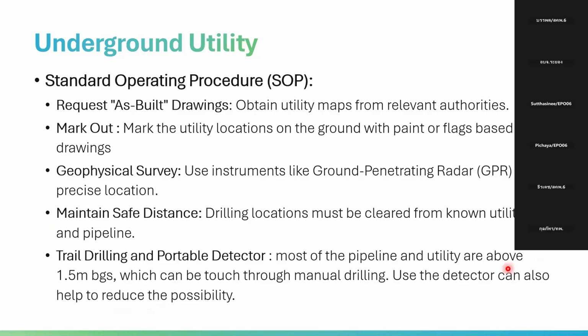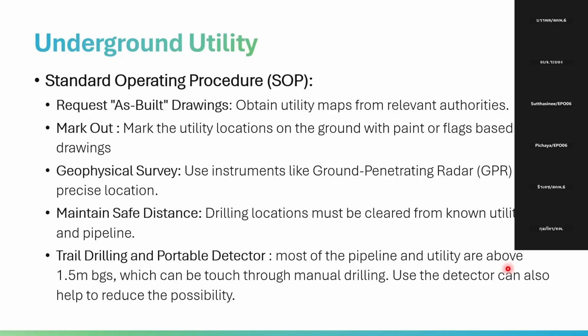First, ask for an as-built drawing of your underground pipeline or underground facilities, and try to mark them out when you do the site assessment, going to the site, before you do the sampling.